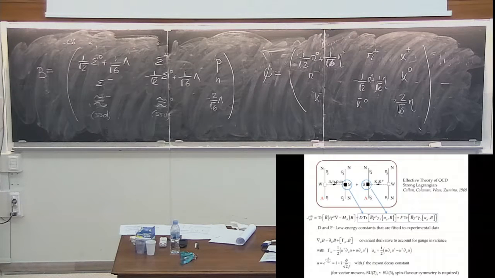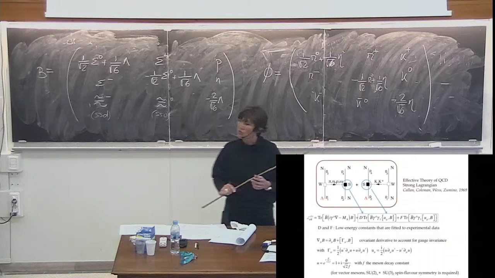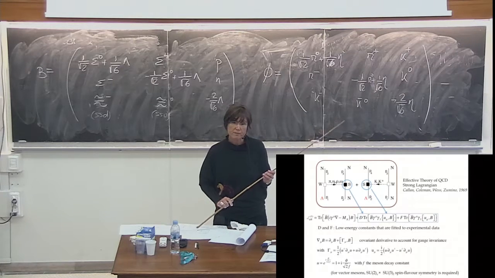It's not easy to explain in words, so you have to actually write down all the possible combinations. You have the commutator going like D and the anti-commutator going like F, and all of them give you contributions that preserve all the quantum numbers that you have to conserve at the vertices.